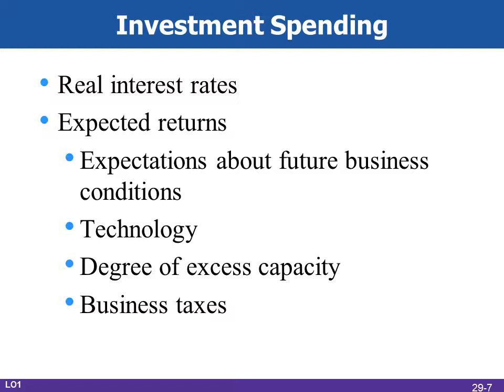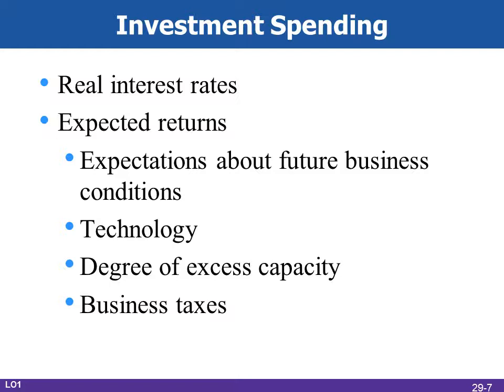Businesses definitely have a good barometer on what the future business conditions hold for their particular industry, right? Obviously, businesses have to keep abreast of new technological advancements that are available for the productive process, or whatever methodology they're using for production, right?